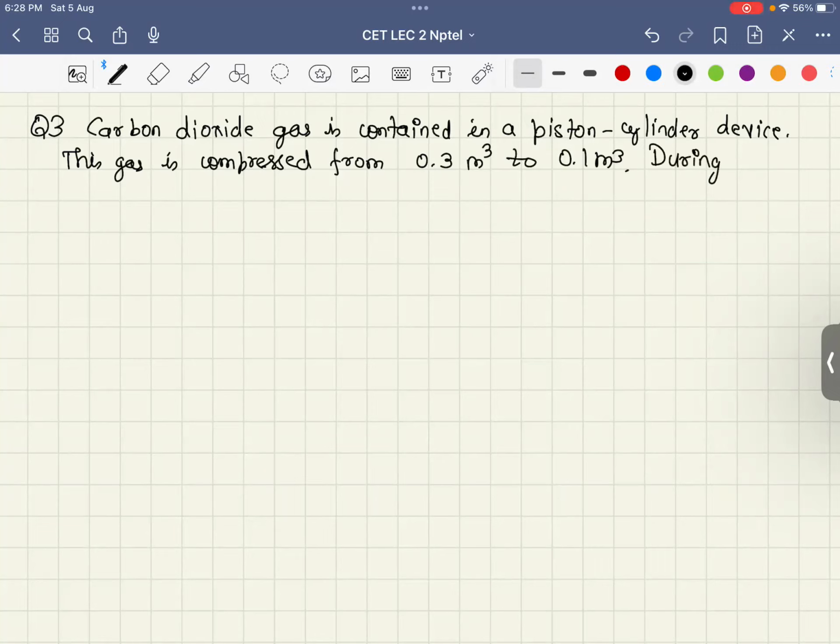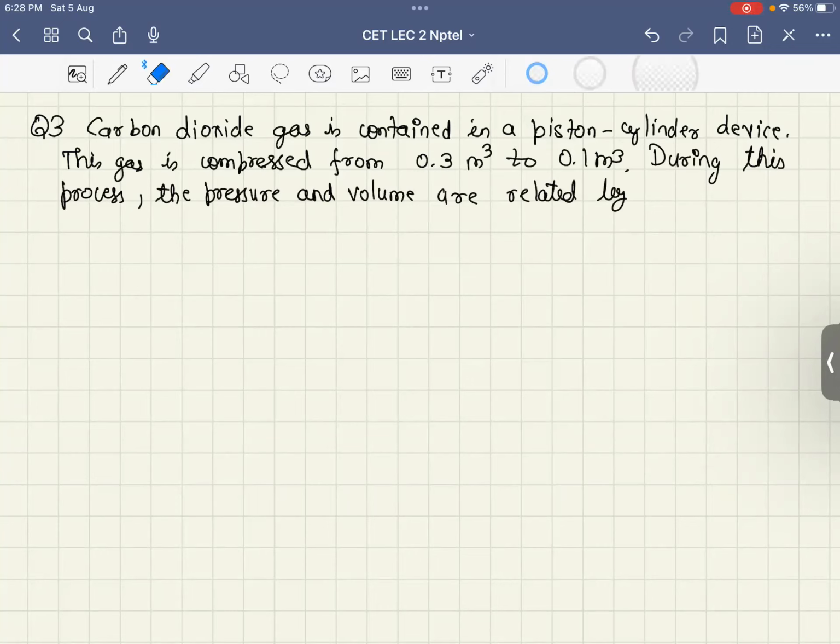and during this process the pressure and volume are related by P equals A V to the power minus 2, right?